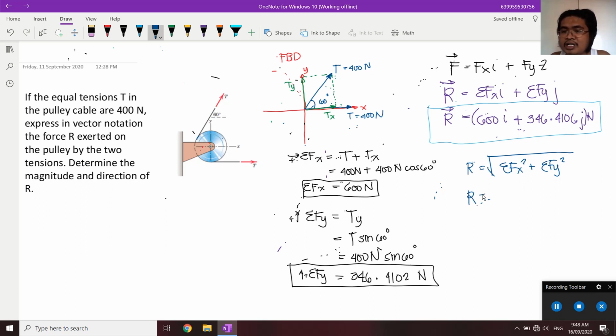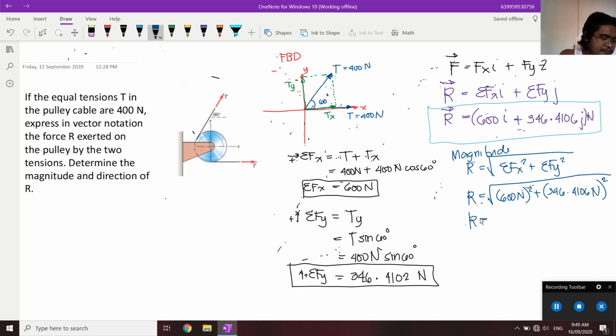So R is equal to 600 newtons squared plus our answer of 346.4106 newtons squared. You no longer need to include i and j, because as we use this formula, everything involved is a magnitude: the magnitude of R, of F of x, and of F of y. Solving for R, that is 692.8203 newtons. That is the magnitude.